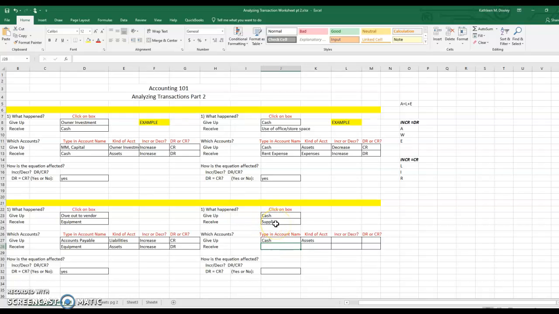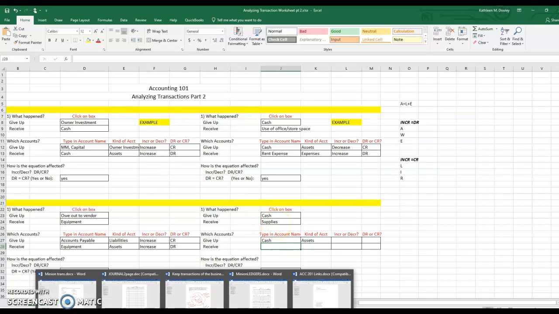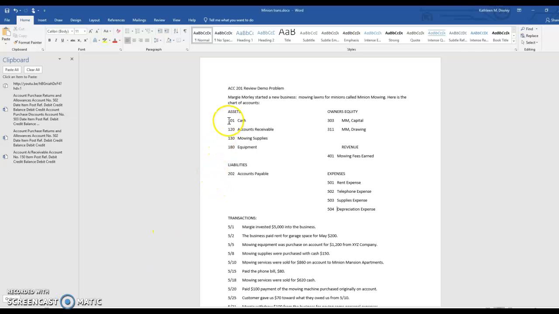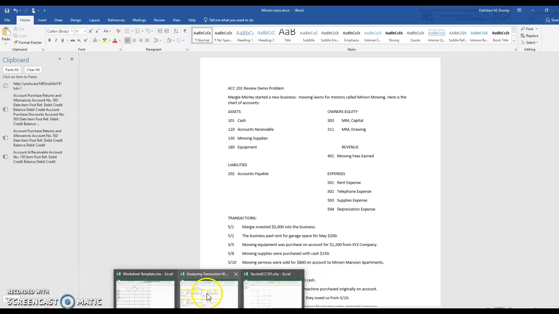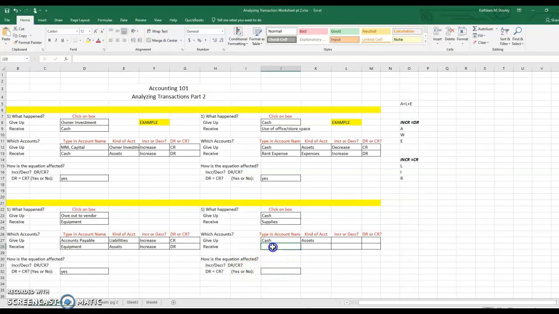Now for supplies, I need to look on my chart of accounts. For supplies, here I have an account called mowing supplies. And that, of course, is also an asset.